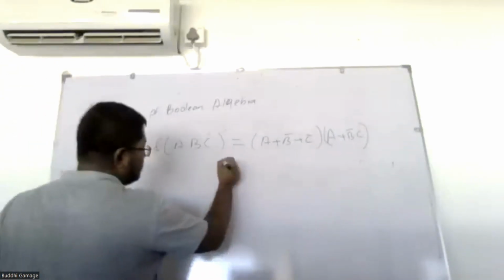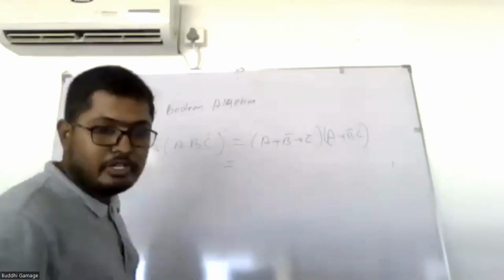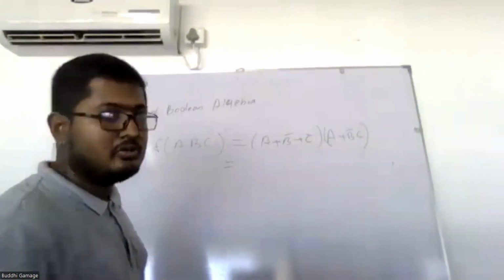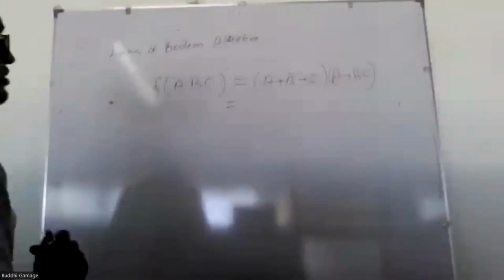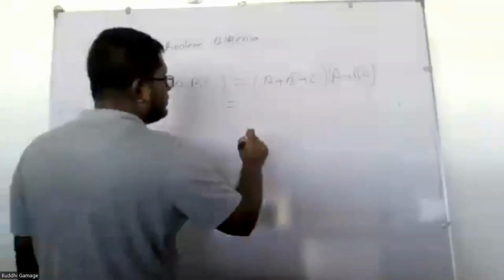So first, what you can do is use the distributive law. By using the distributive law, you can remove this bracket.